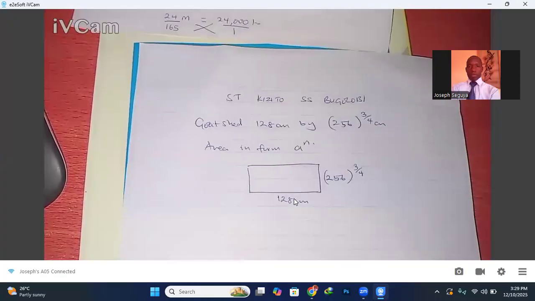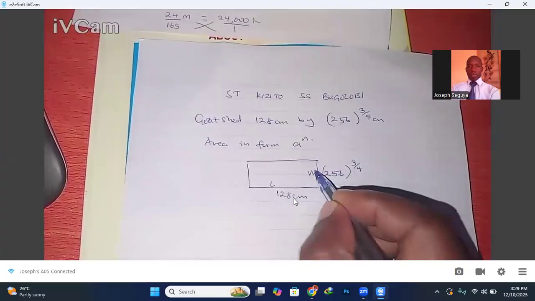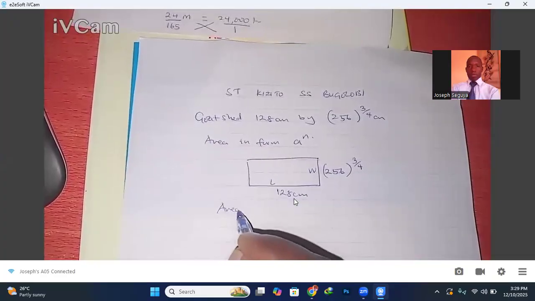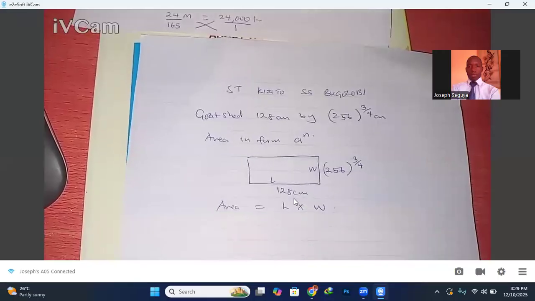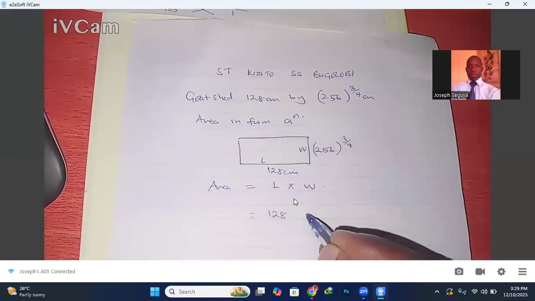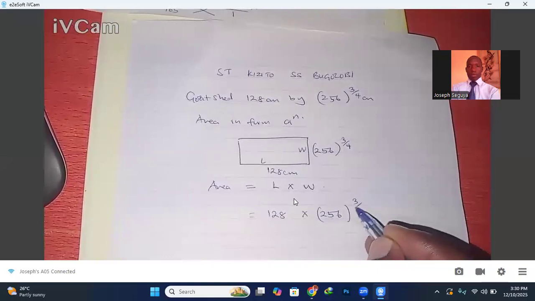That's the width, and we know this is the length. The area of a rectangle is given as length times width. So we are going to multiply 128 times 256 to the power 3/4.